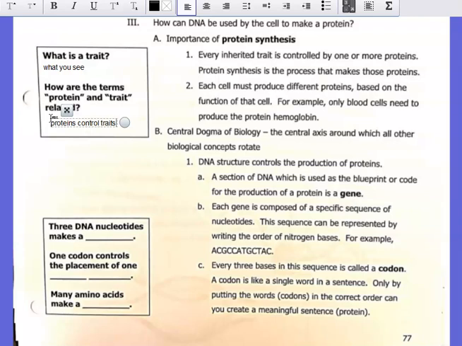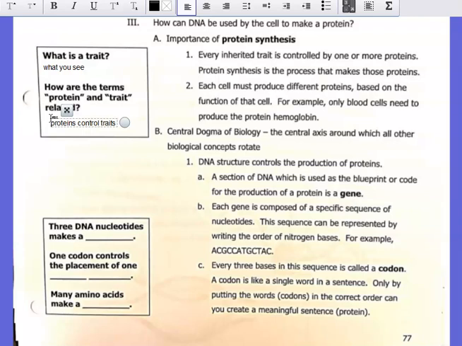Every gene has a specific sequence or order of nucleotides. We represent that by writing the order of nitrogen bases. So for example, ACG, CCA, TGC, TAC. So again, the order of the bases is what determines your trait.